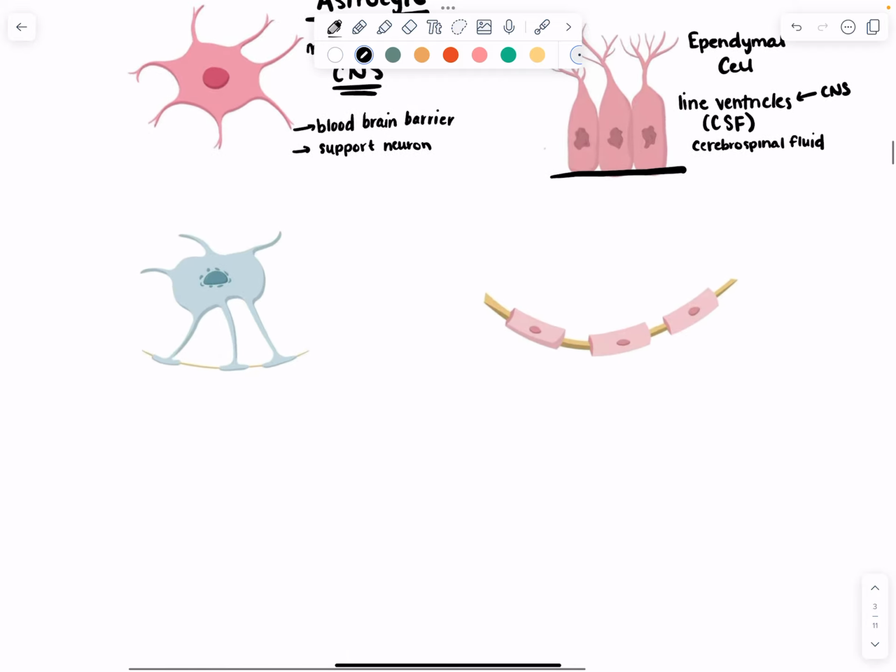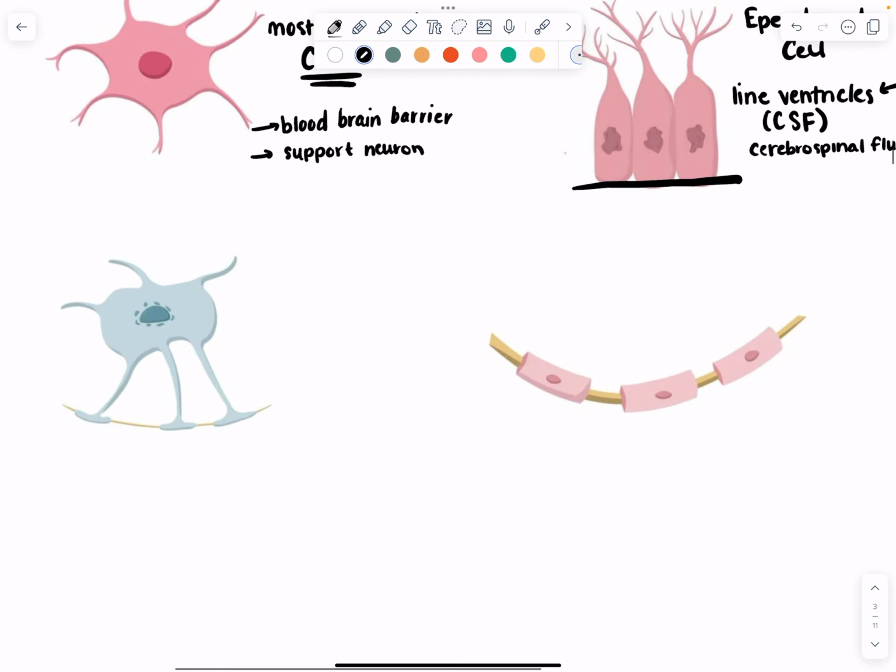Next, we're going to go down and I'm going to show both of these right here, because they both have the same function. They just do it a little differently. First, we're going to start with big Ollie over here. This is my oligodendrocyte. I always misspell it.